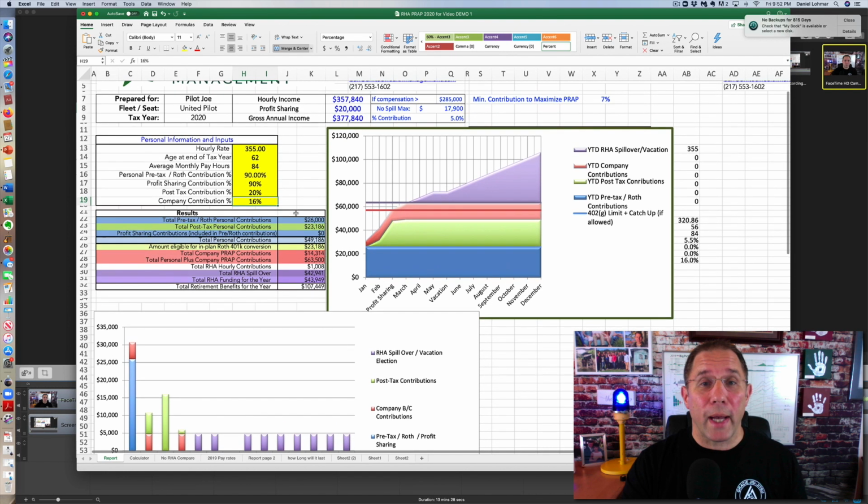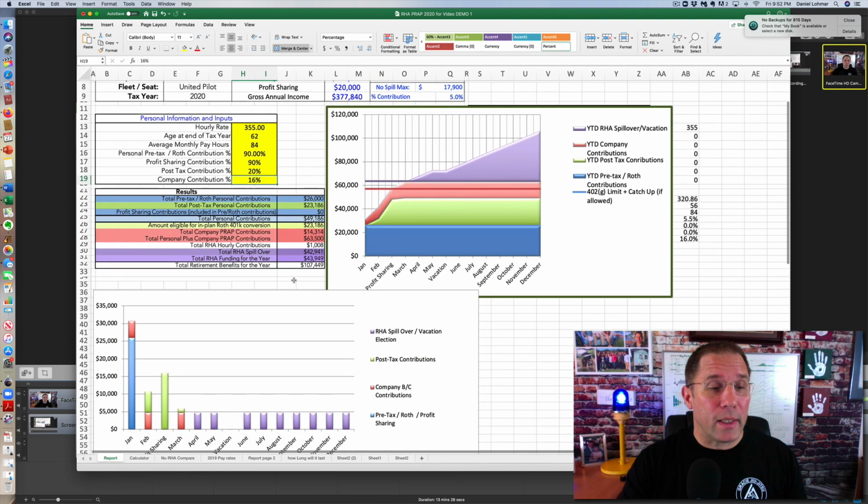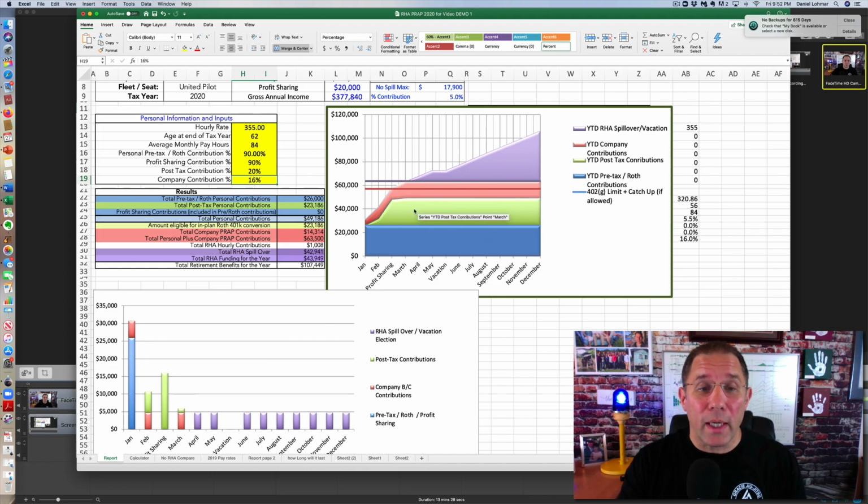This is kind of what that looks like. By January, their pre-tax and Roth limits are reached because they put almost the entire paycheck in there, and then they get post-tax contributions from the pay in February, and it's such a large portion. Those get maxed out plus profit sharing, so everything by the end of February is pretty much maxed out.